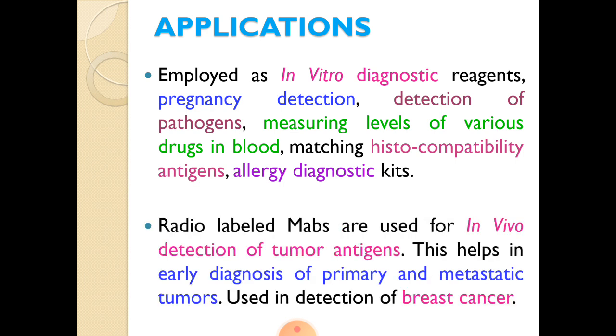Then radio-labeled MAbs are used for in vivo detection of tumor antigens. This helps in early diagnosis of primary and metastatic tumors and is used in the detection of breast cancer.